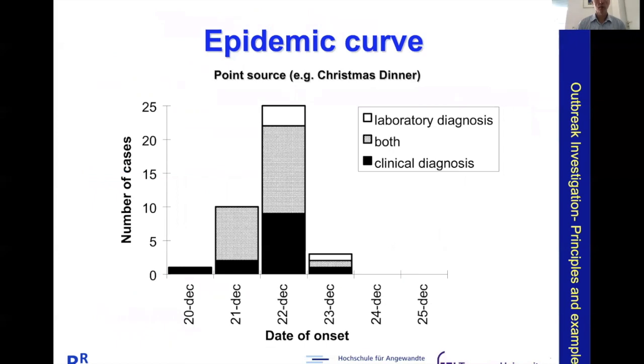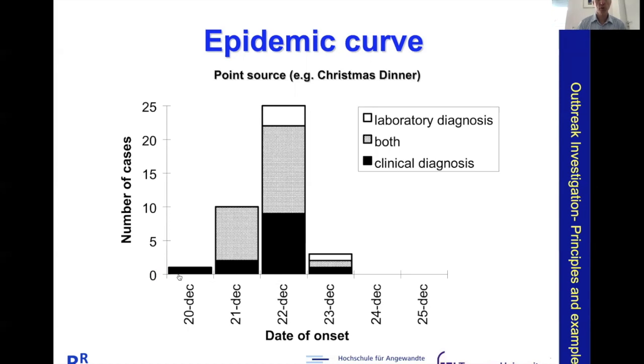The first one is a point source, and you can see what is typical on this outbreak is it's very short. It rises quickly with a steep rise and a steep, quick decline afterwards. So this indicates that at one point in time, those people who later developed the disease were infected.